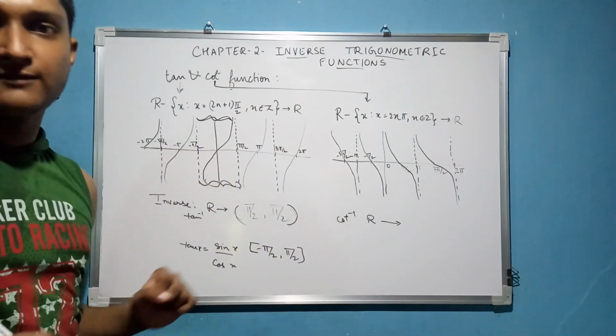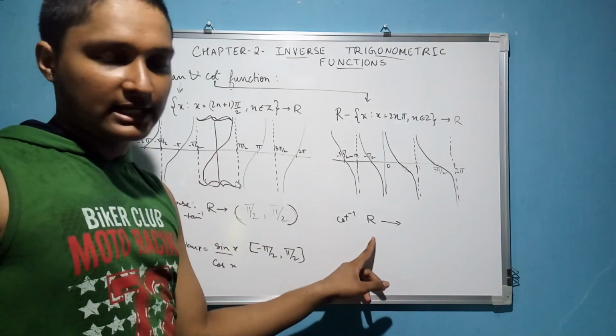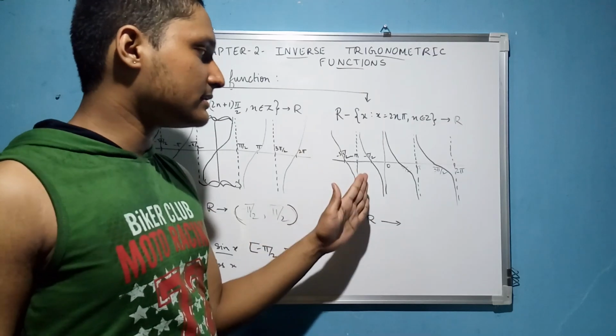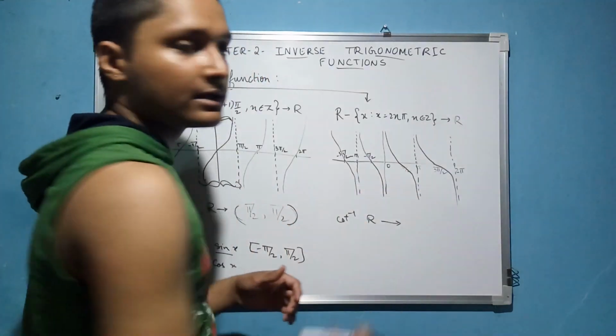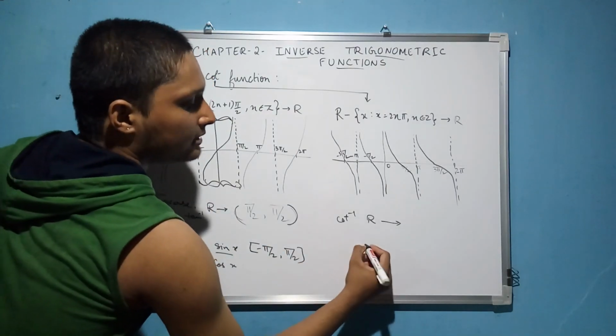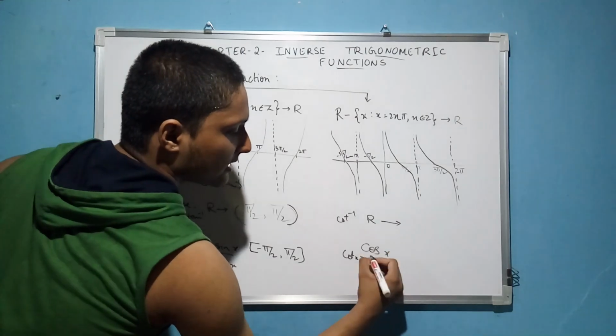Now we have the cot inverse function. Cot inverse function we have from set R, the set of real numbers, to something else. But here we find out that this is not going to work out. Also, cot x is equal to cos x by sin x.